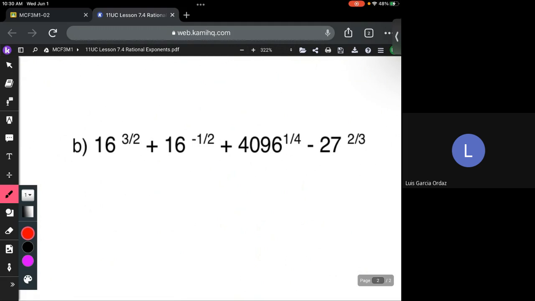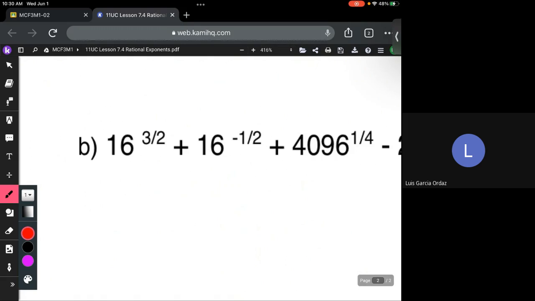Okay, so all we're literally going to do is simplify this. So I can write this as the square root of 16 to the power of 3.